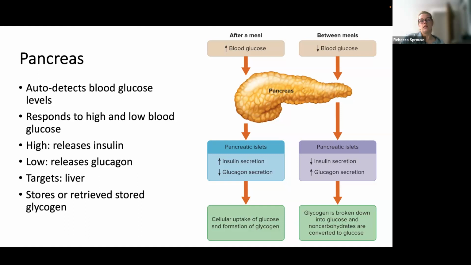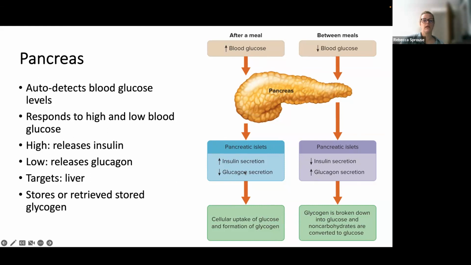This concept here of the pancreas and blood sugar is one that, if you retain nothing else from endocrine, I hope that you retain this. Very important. Now people that are diabetic have a totally different story here. Some people need continuous blood sugar monitoring and continuous insulin, because they just don't make any, or are not sensitive to it anymore.